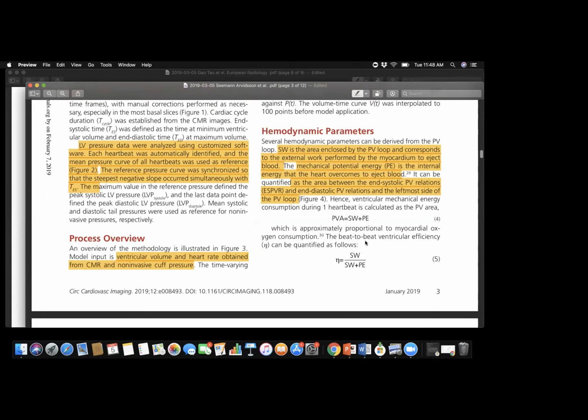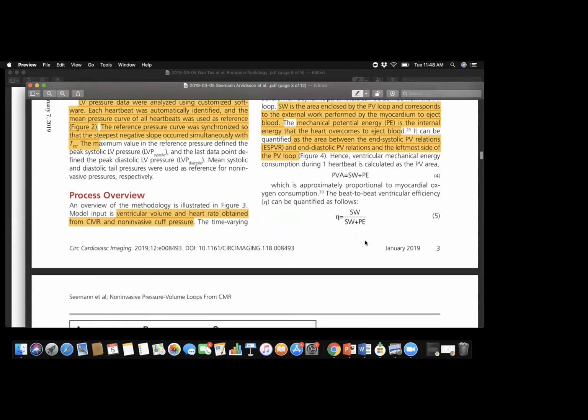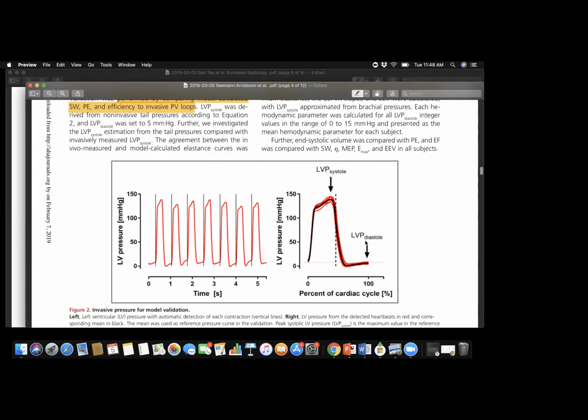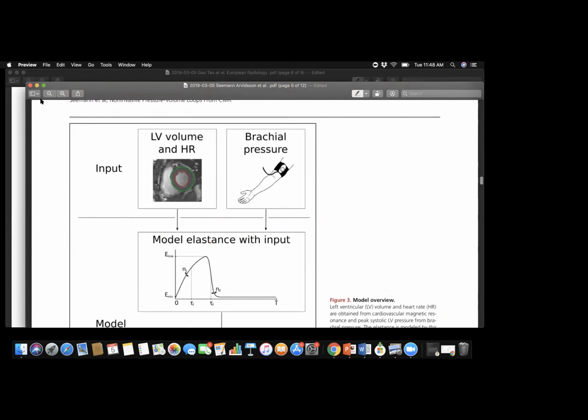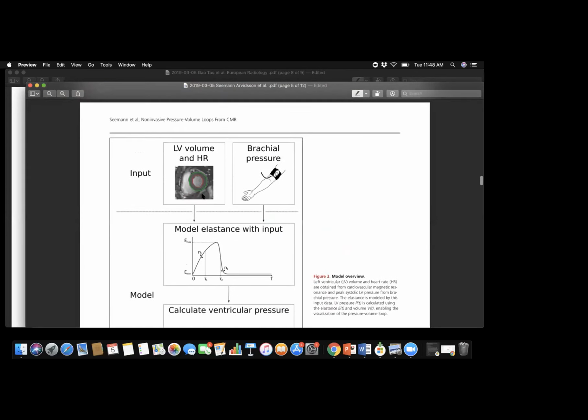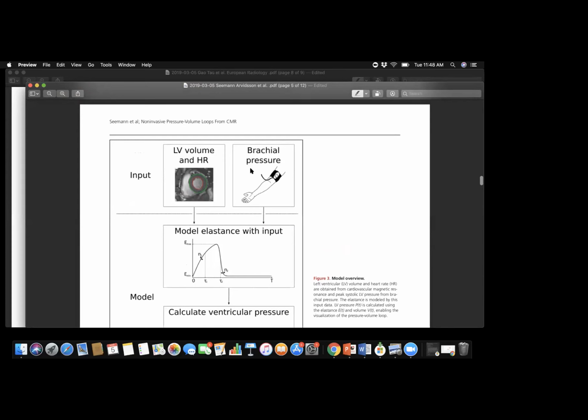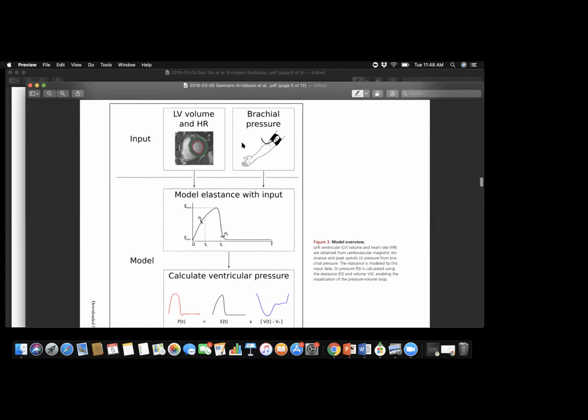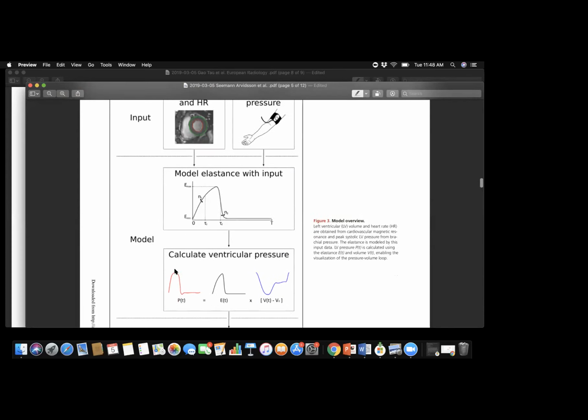So let's look at the process overview. It's very nicely summarized in this figure. I'm going to minimize this so you can see the whole figure. Basically, the input is the ventricular volume assessed by CMR, and then you have the heart rate and the brachial pressure. This is the input, and then the time-varying elastance model is scaled by this input and used to calculate the pressure.